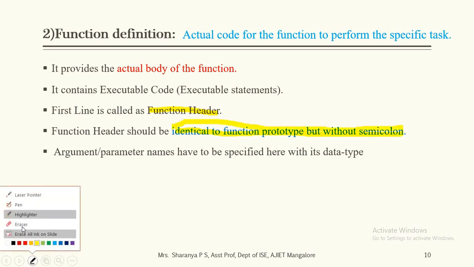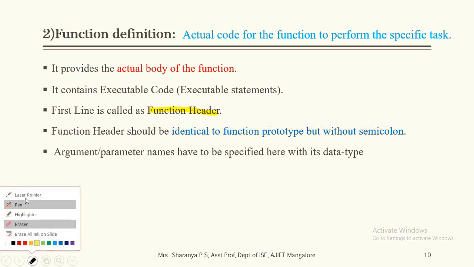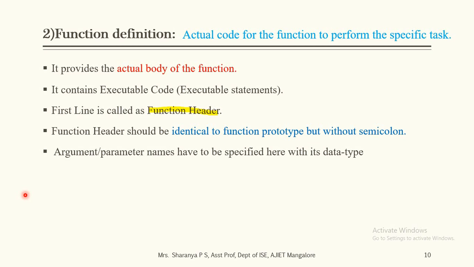What is that function prototype? Just now we discussed it. It is the declaration we make at the very beginning of the program, which should remain the same as the function definition. That is, the function name we give in the definition should match the function prototype, along with the arguments we are passing, and it does not have any semicolon.